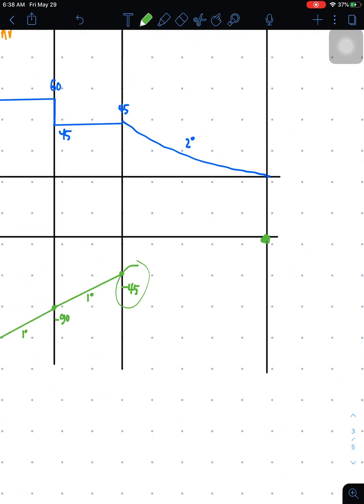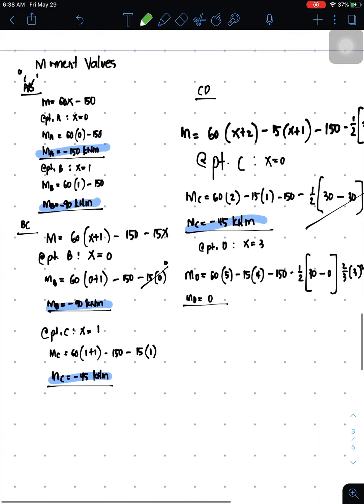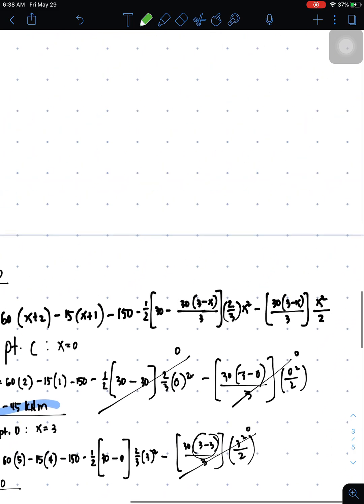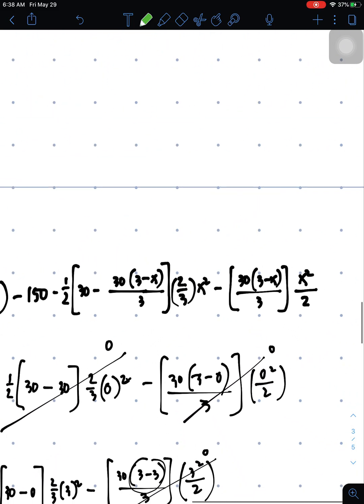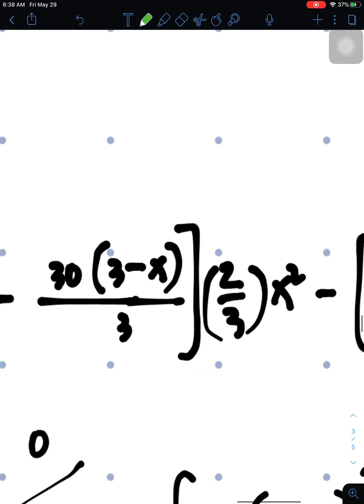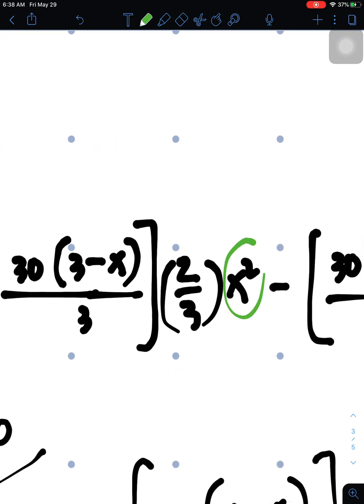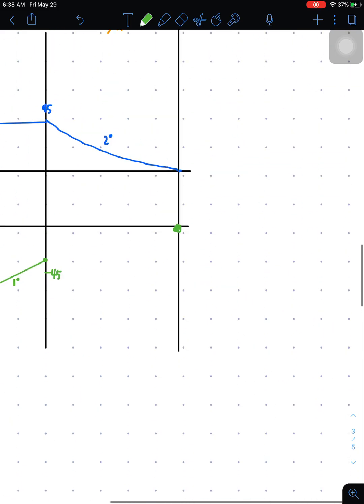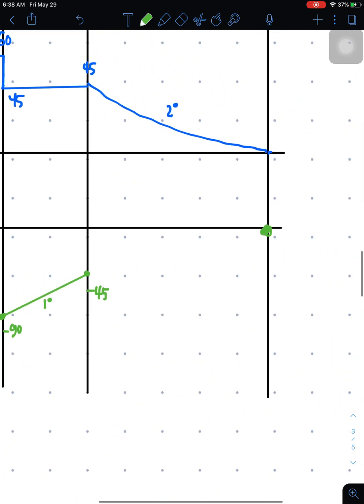Then how do we connect this 45 and 0? So segment CD. So segment CD, as what you observe, this is x squared to be multiplied by x. So mahimo siyang x cubed. So curve gihapon if that's the case. So we're going to connect curve. This is positive decreasing.